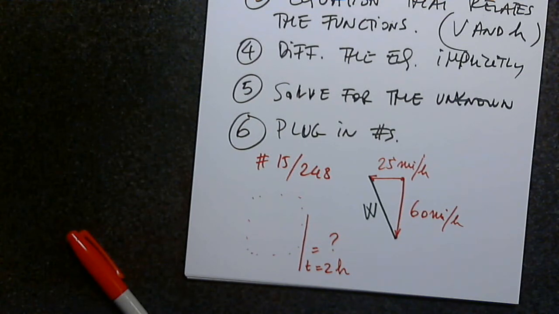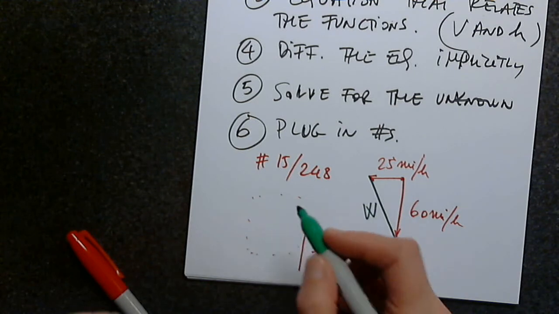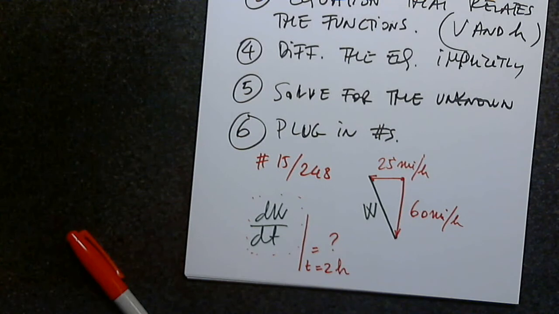So we're going to use W, or any other letter, not D for distance. But what am I asked again? We're asked to find dW over dt exactly 2 hours after they start moving.